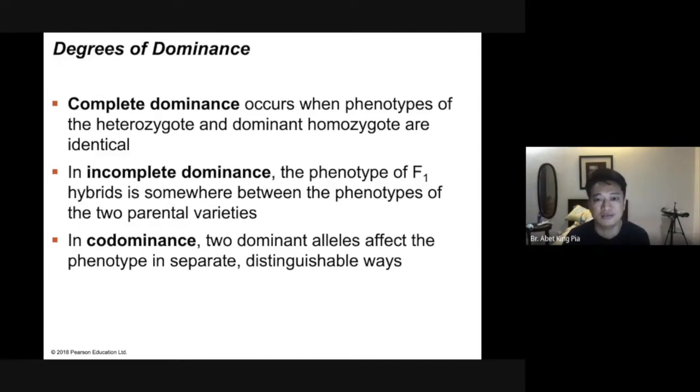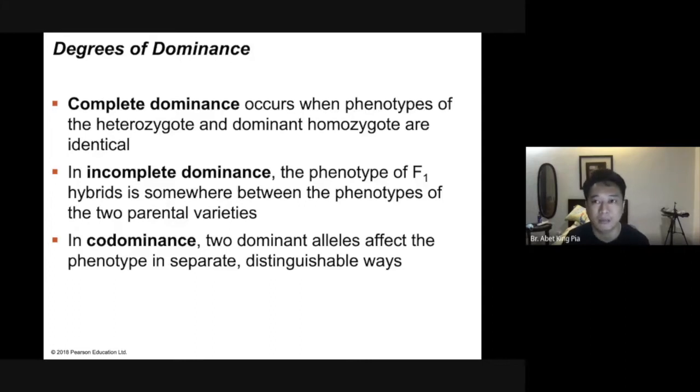Yung sa degrees of dominance. Yung complete dominance, these are the phenotypes. Occurs when phenotypes of the heterozygote and dominant homozygote are identical. Bale, ito yung diniscuss natin with Mendel, yung Mendelian genetics sa complete dominance.